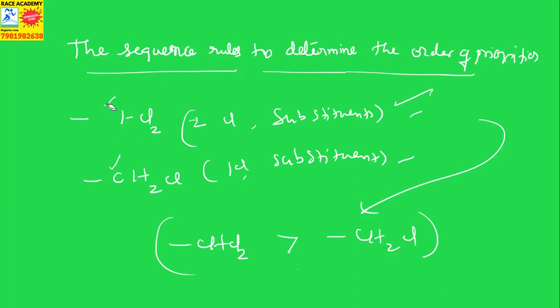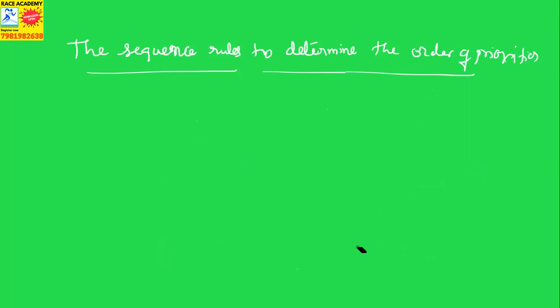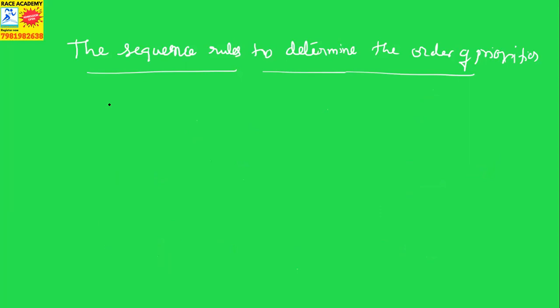Next we will see another point under the priority orders around the chiral carbon. These are the conversion rules, that is, how to identify the priority. Now a doubly or triply bonded atom is there.